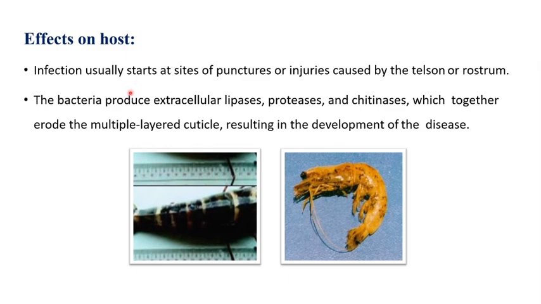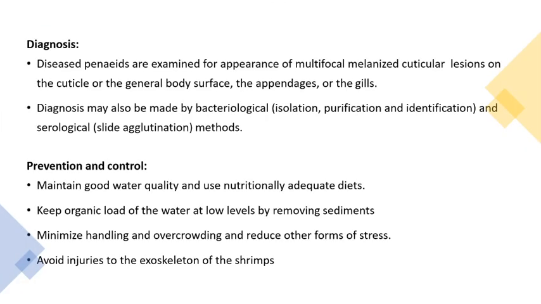Effects on host. Infection usually starts at the sites of puncture or injuries caused by telson or rostrum. The bacteria produce extracellular lipases, proteases and chitinases which together erode the multiple layered cuticle resulting in the development of this brown black spot disease. So we can clearly see these brown or black spots in these images affecting the shrimp severely. Diagnosis, prevention and control.